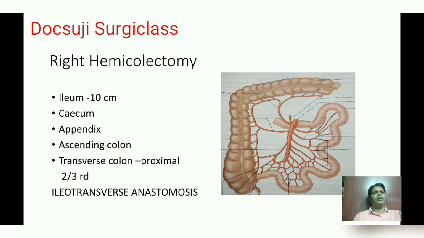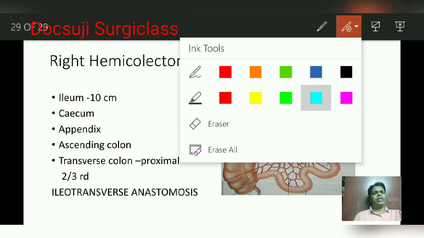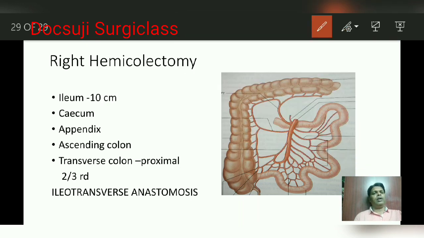What is this right hemicolectomy? It is nothing but removing some part of the bowel. So what are the things you are going to remove?